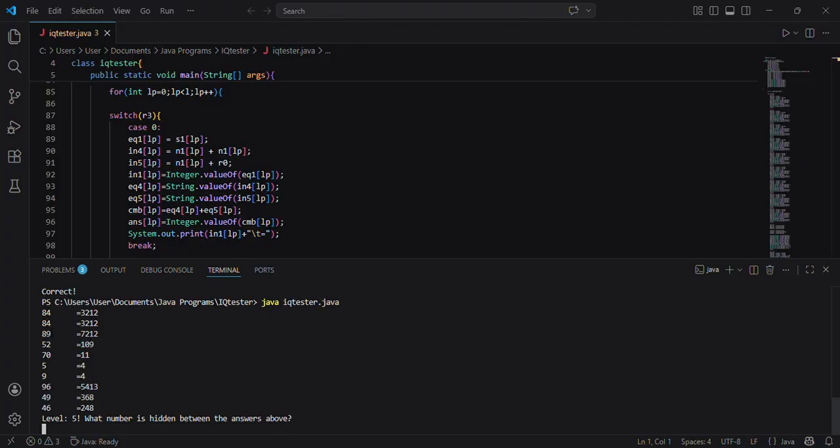So we have finally found the secret number, which is 4. It is not that 4, it is the secret number 4. 8 multiplied by 9 is equal to 72, and 8 plus 4 is equal to 12. So 5 twos are 10, and 5 plus 4 is equal to 9. So the hidden number above is 4.